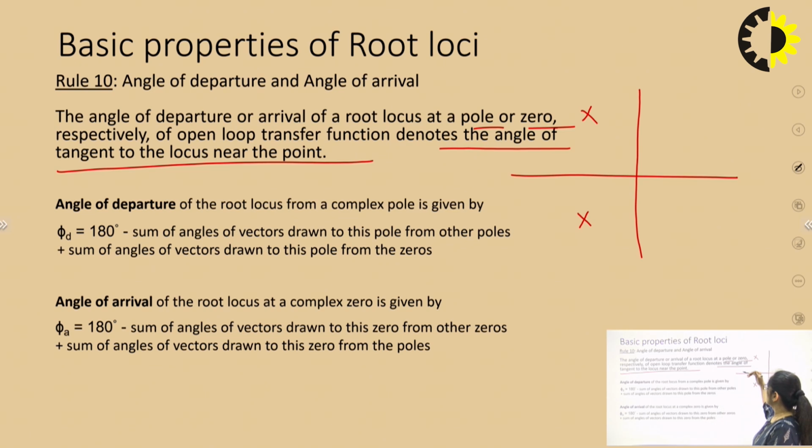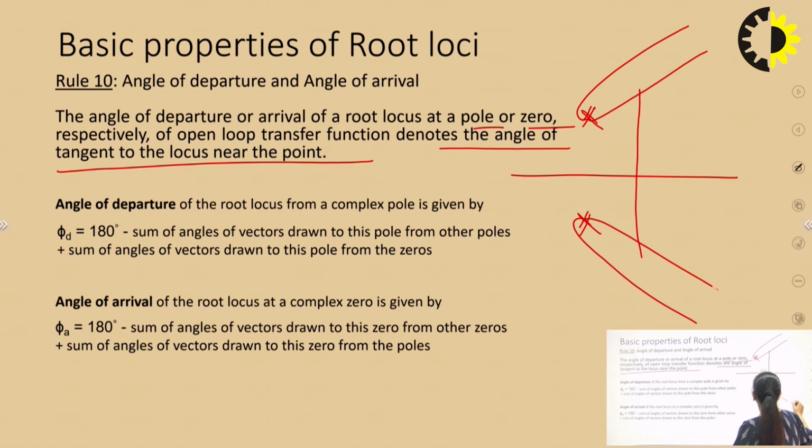And since root locus is symmetrical about the real axis, you will have one pole here and another pole here. There will be a conjugate pole, or in case of zeros, there would be a conjugate zero. In this case, the root locus will tend to infinity, something like this, or depending on the angle, it will tend like this.